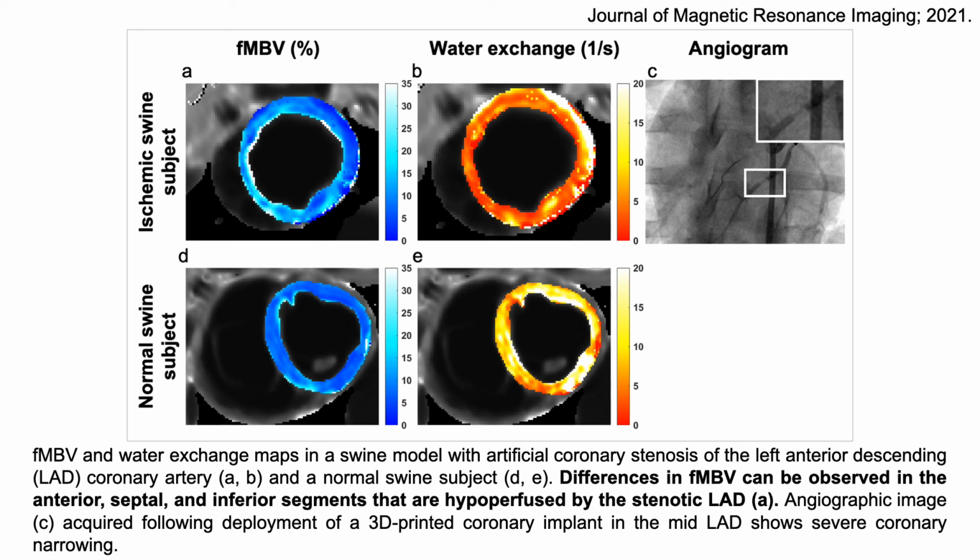We've also shown mid-ventricular maps of blood volume and water exchange in a healthy normal swine subject for comparison. This result provides early evidence that blood volume measured using ferumoxytol-enhanced MRI may be able to capture a hemodynamic response to myocardial hypoperfusion during contrast steady state.